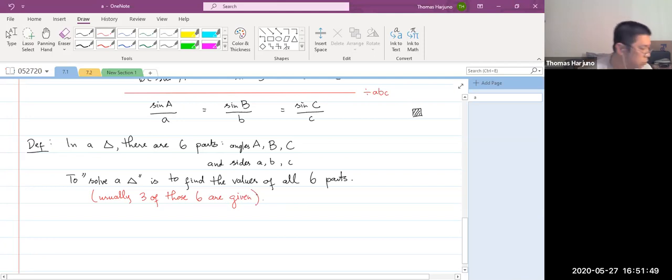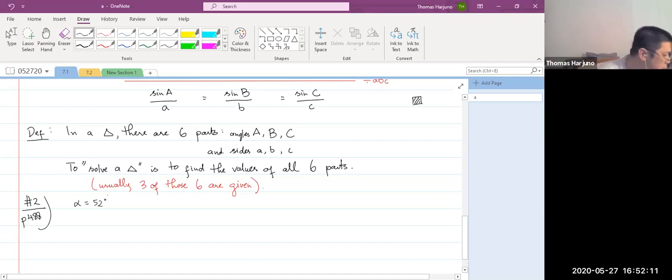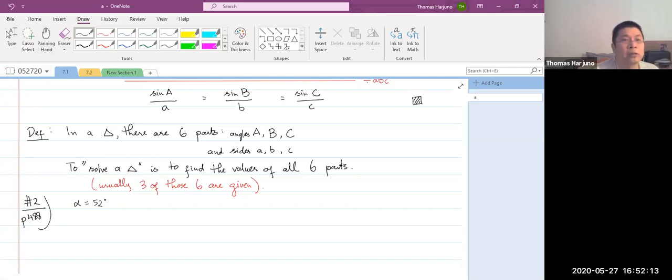Suppose, for example, I do number 2 in our textbook, page 488. We are given angle A is 52 degrees. I'm sorry, angle B. I'll look at number 1 instead.